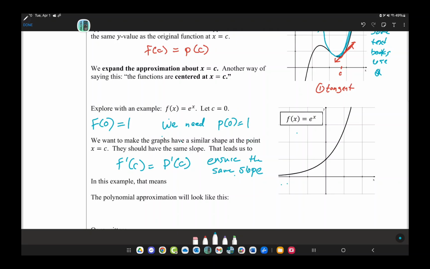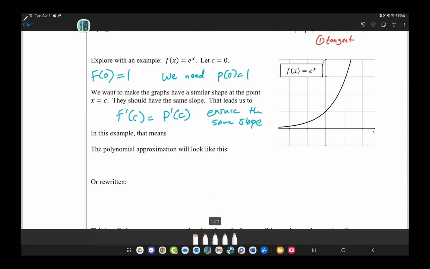Now, this is going to be a very simple linear approximation here. So far, what we have is that p of x minus f of c is equal to f prime of c times x minus c.